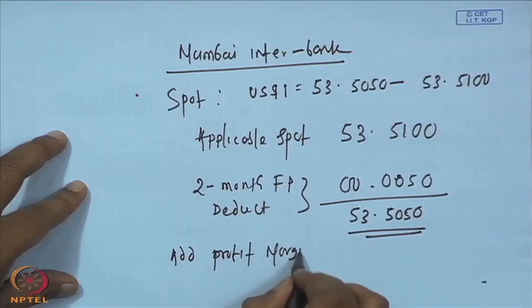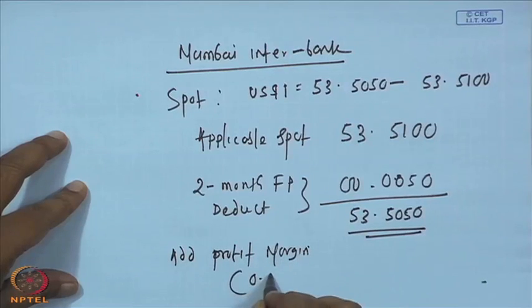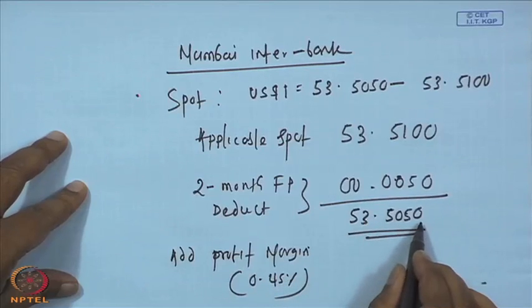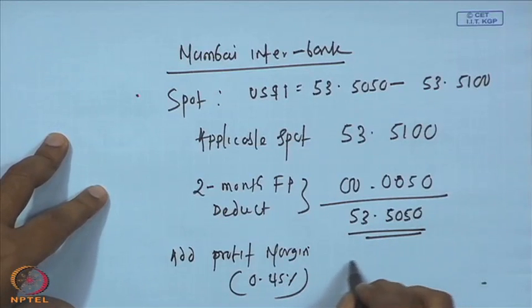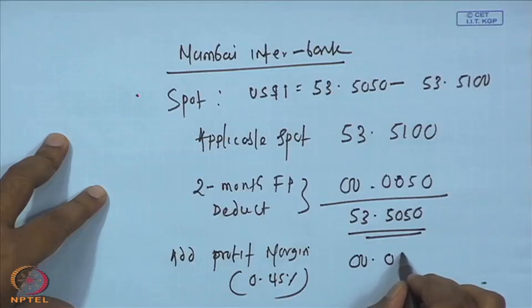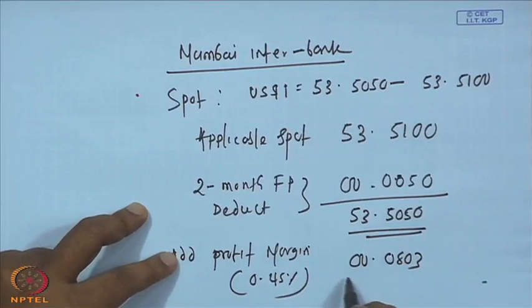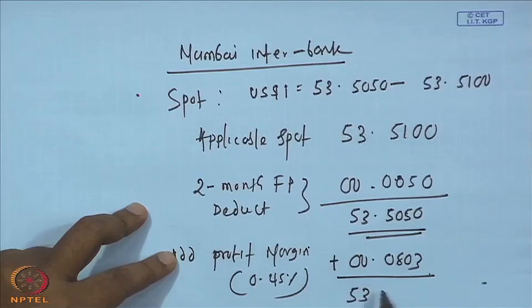Profit margin how much? 0.15 percent of 53.5050. This comes to 0.0803. If you add it, it comes to 53.5853.